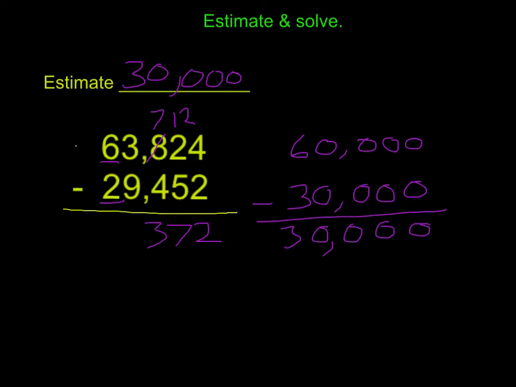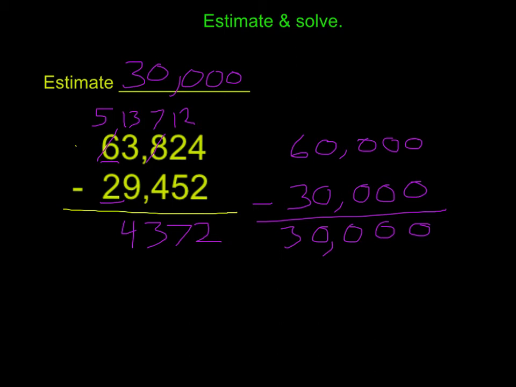3 subtract 9. We can't do that. Once again, we have to regroup. So we're going to take our 6 here and regroup that down to a 5. And we're going to get a 13 here. 13 subtract 9 is 4.